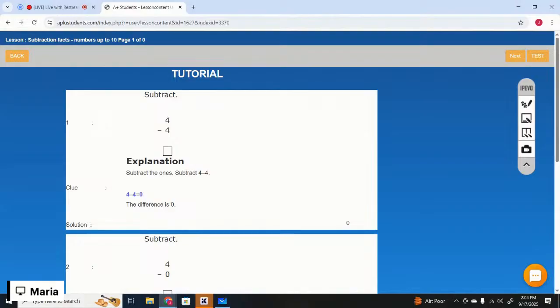Subtract 4, take away 4. So subtracting a number from itself always makes a 0. So 4 minus 4 is 0.